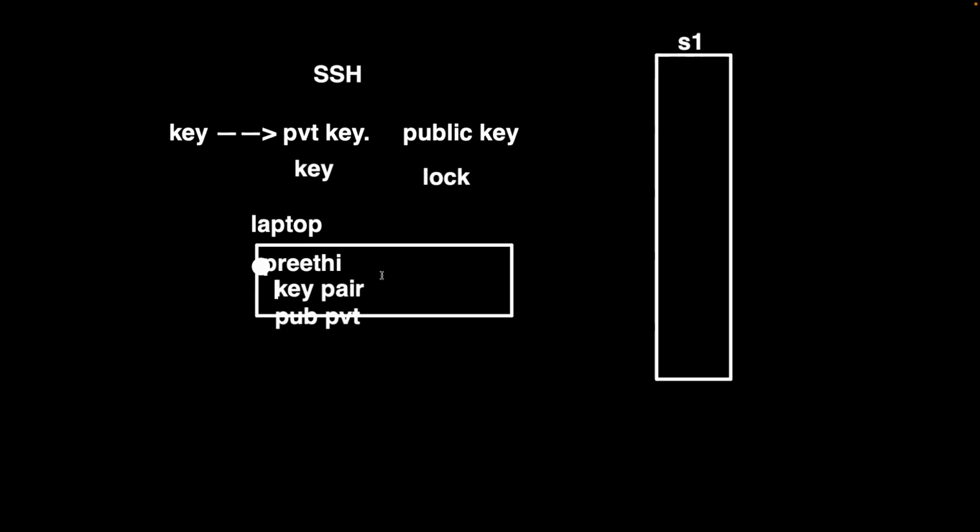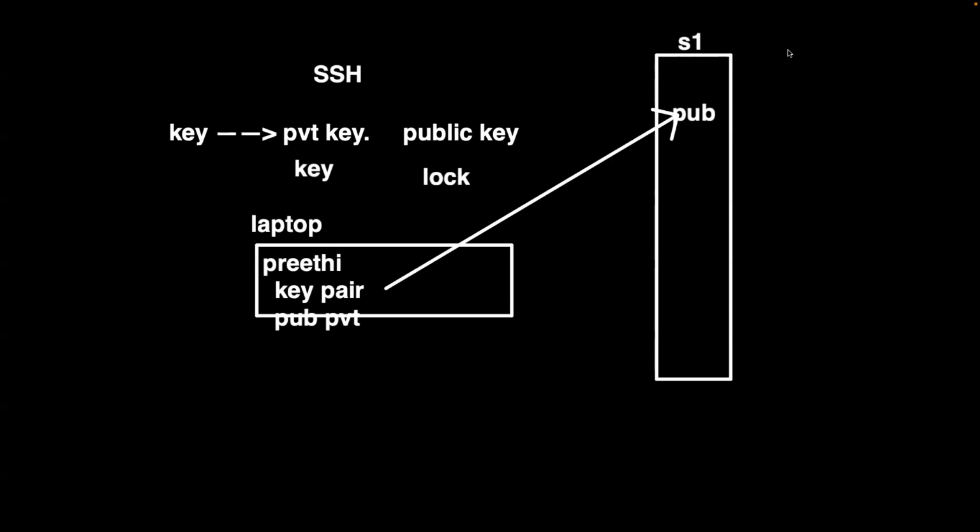Now, after generating key pair, what you will do? Private key should not be shared with anyone. So you keep the private key here only and copy the public key to whichever server you want. So this public key is key pair. The private key you are having means you can connect to it. Right?